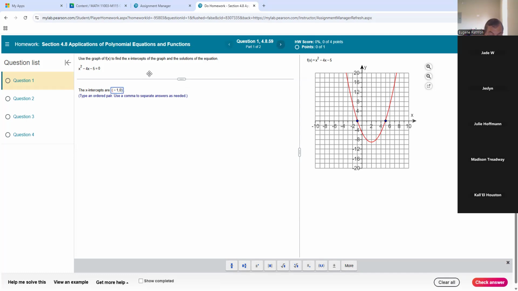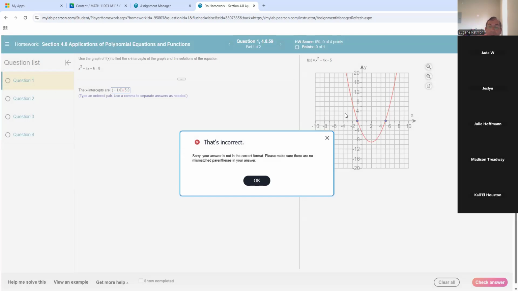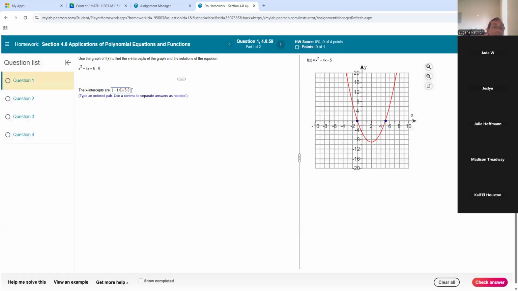And then shut my parentheses, then comma, and then open my parentheses for my second one. So the second one over here on the right side, that's crossing the x-axis at 5. So that one would be (5, 0), and then shut that parenthesis.